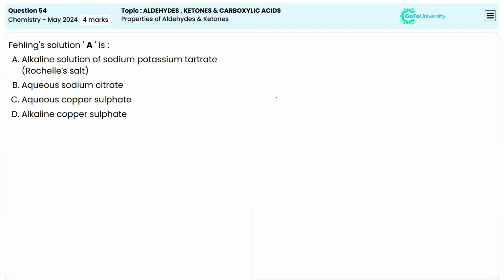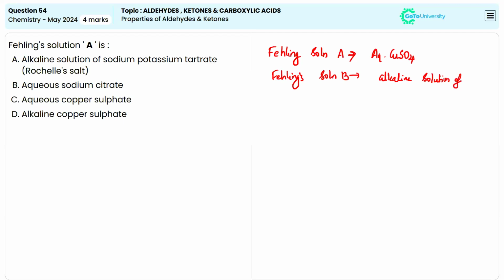So, first, I will write what Fehling's A and B are. Fehling's solution A is aqueous copper sulfate, and Fehling's solution B is an alkaline solution of sodium potassium tartrate.